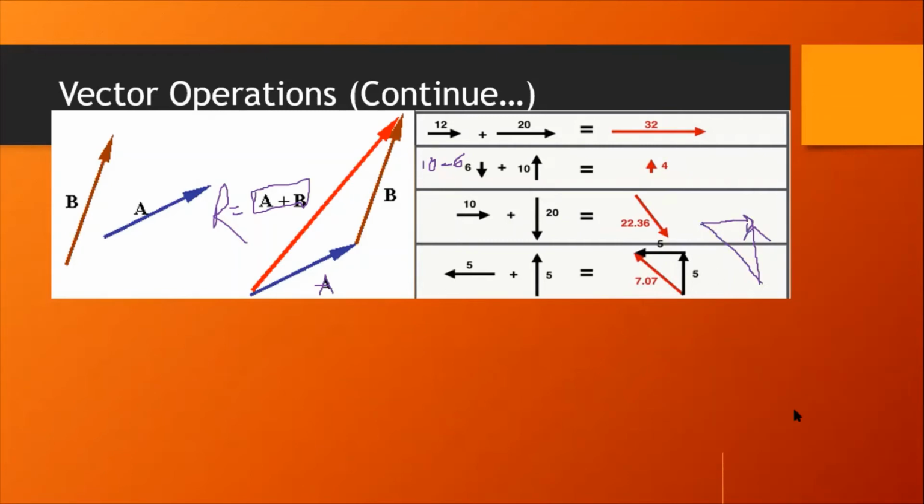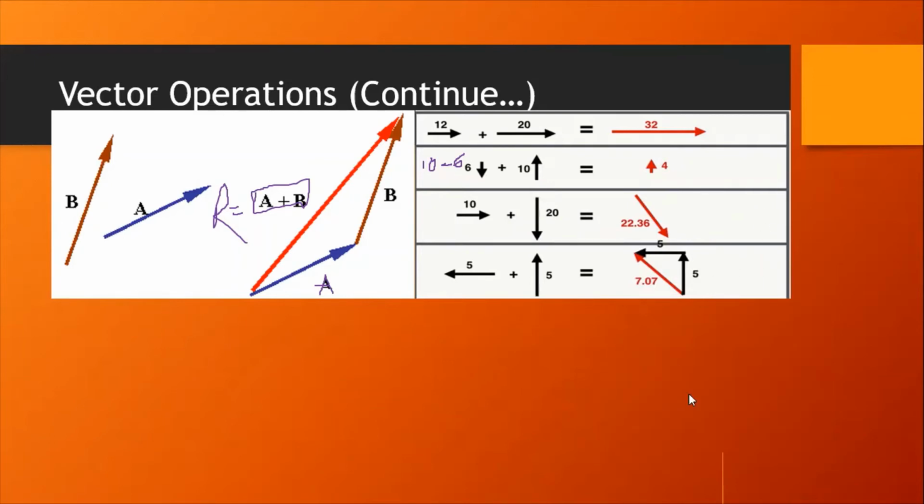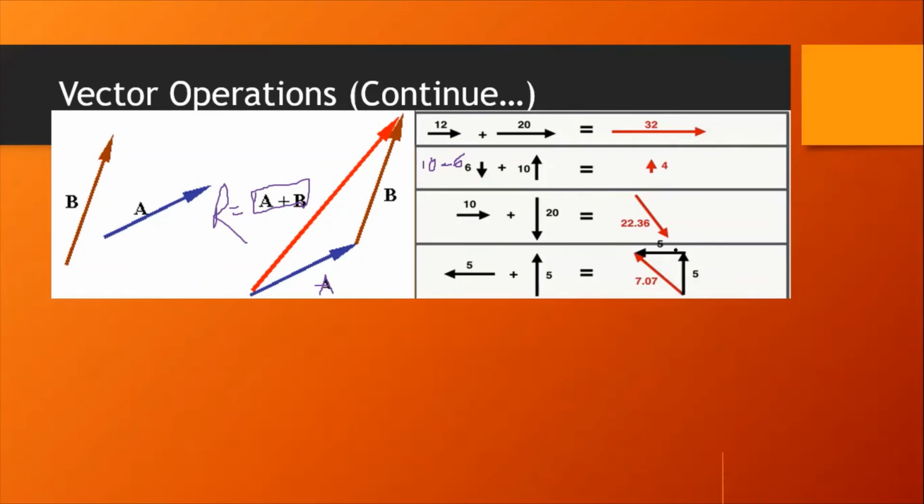The better way we will do here is to take the forces you have. Let me select the color. So what you are going to do is that on the head you have to join the tail, and then you have to find the resultant. So this will be your resultant.